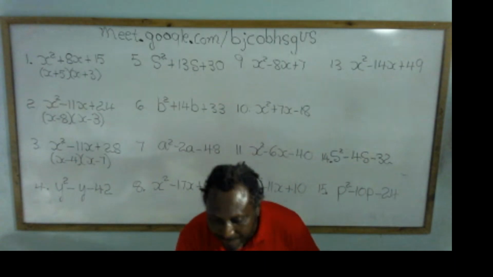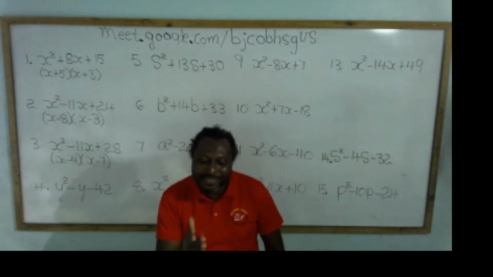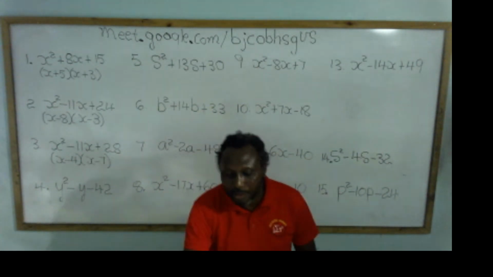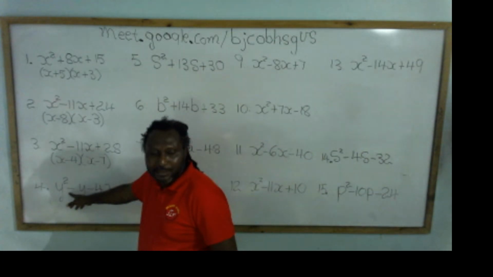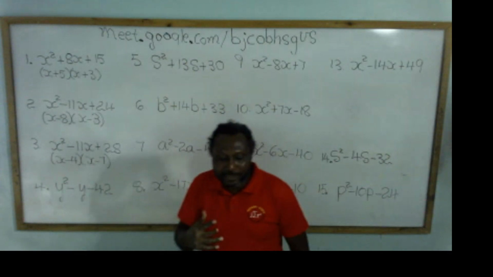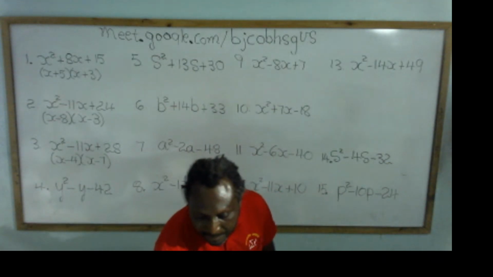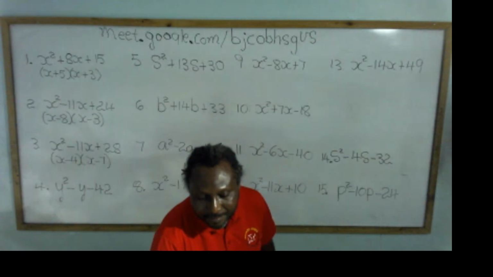So that's fine. But do not forget that when you're adding numbers with different signs, the answer takes the same sign as the larger. So the sum is negative. That means the larger one has to be negative. And here we have now this answer, a negative 1 and 42.